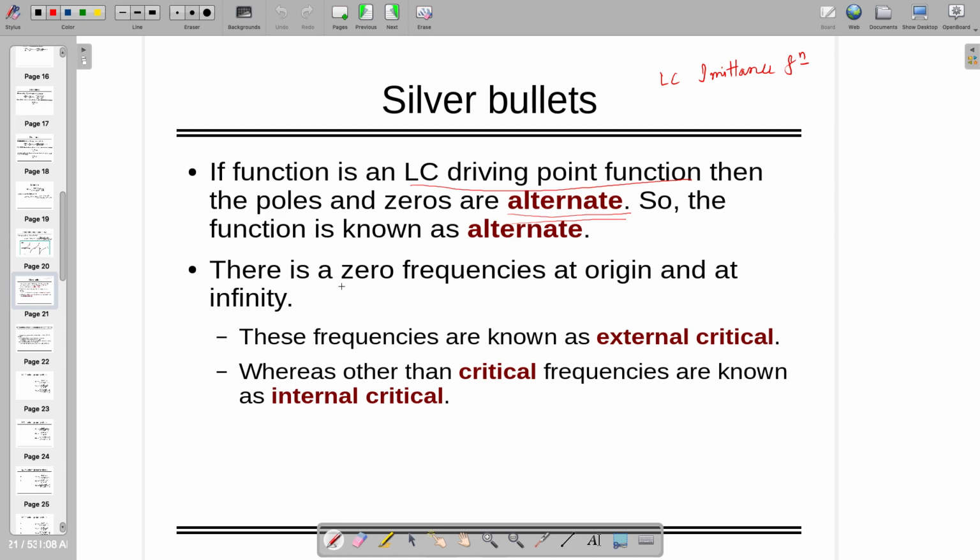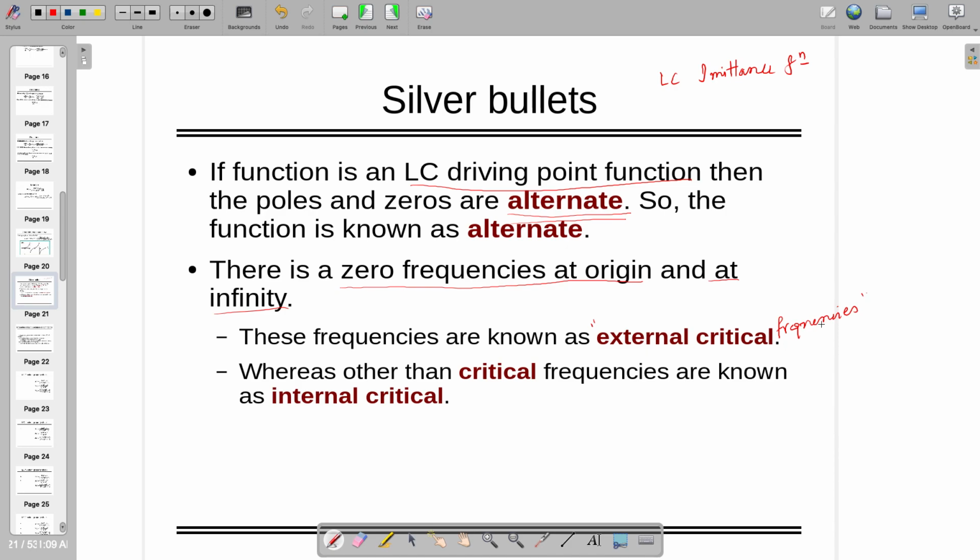And if there is a zero frequency at the origin and at infinity, then these kinds of frequencies are known as external critical frequencies. If I am saying the external critical frequencies of my circuit are at zero, meaning zero frequency at the origin and zero frequency at infinity, it is because they are external critical.